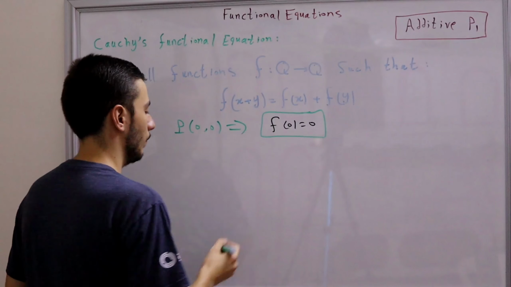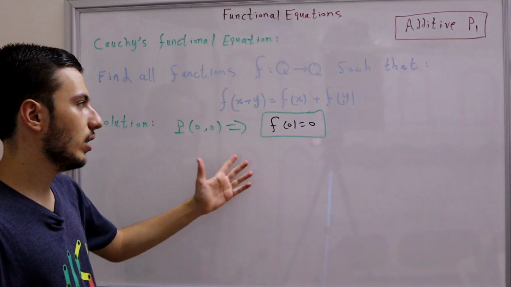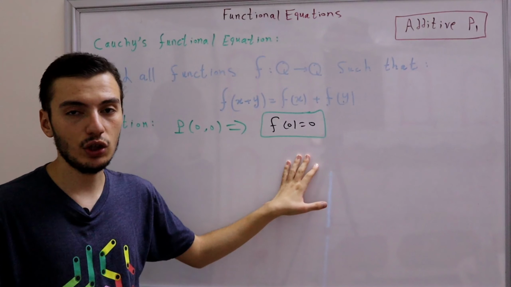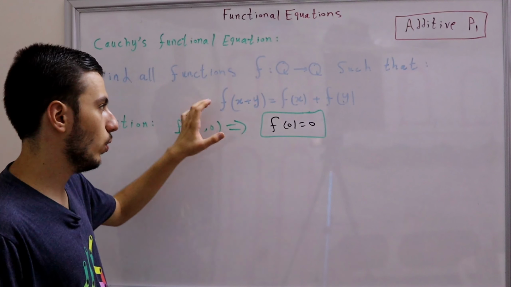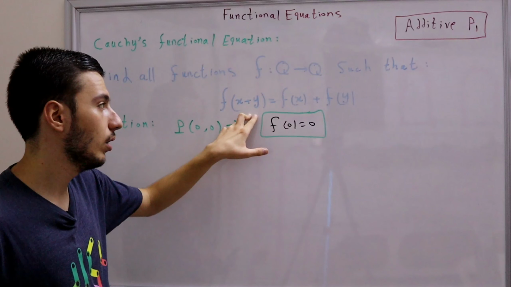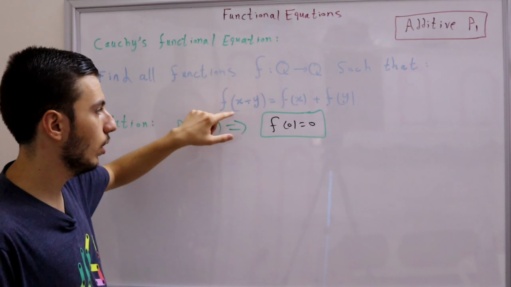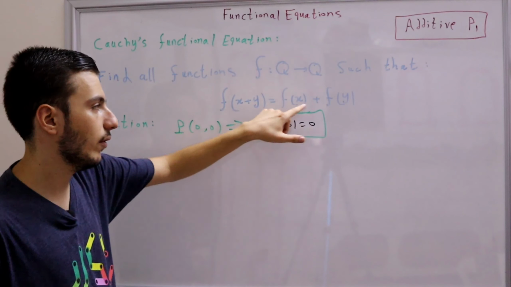Okay. So what next? Well, take a look at this functional equation and try to understand it. This actually tells you that f of the sum of any two numbers is equal to the sum of f's of the two numbers. So f of x plus y is equal to f of x plus f of y.